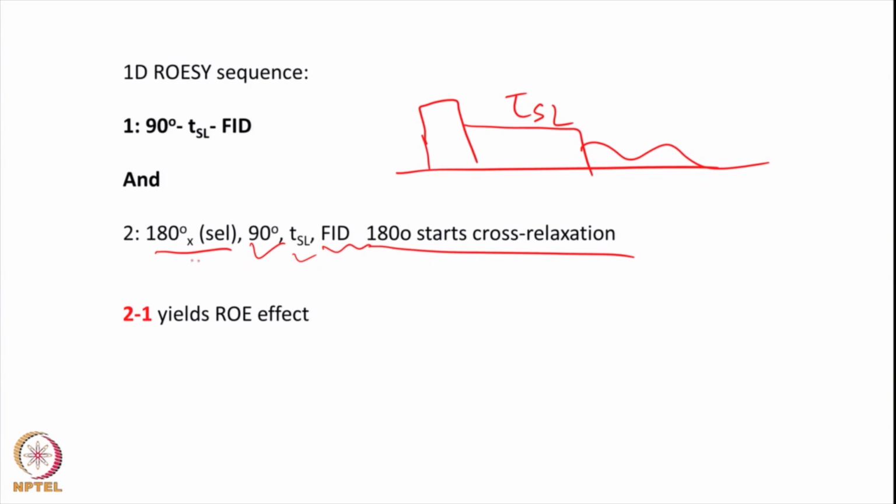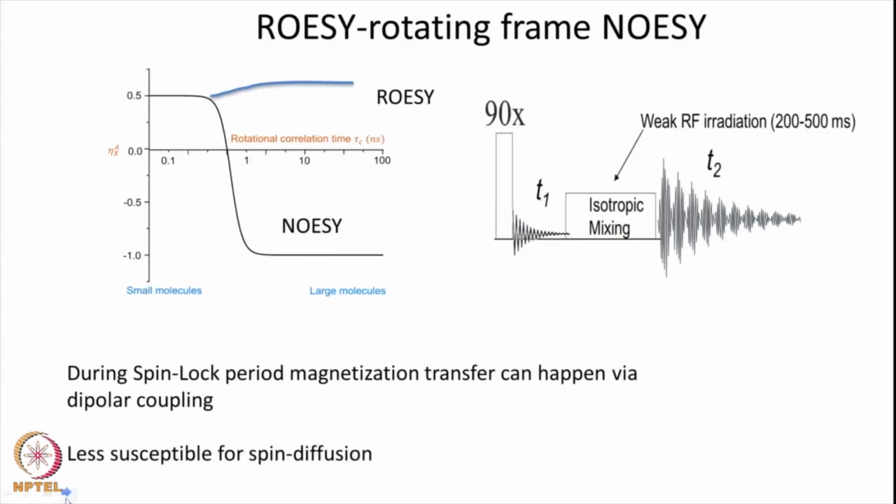So, if you take the difference of experiment number 2 minus experiment number 1, one can get the ROE effect, and that is exclusively coming from the dipolar coupling contribution, and that is called ROESY. So, we still get NOE enhancement by putting the spins in the rotating frame and spin locking it. The signal enhancement is always positive up to 67%, and one can achieve a nice dipolar coupling based correlation that we had seen earlier. So, in this regime, ROESY works better.